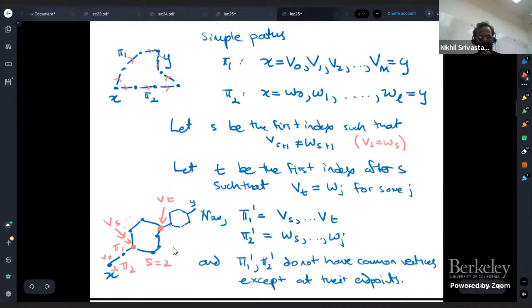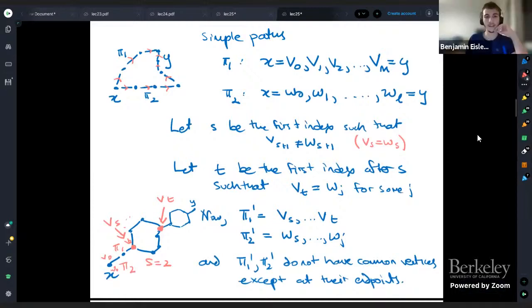So X and Y are distinct, but that's not quite the reason. Any other thoughts? Someone pointed out in the chat that we chose T after S. And that is helpful because we know that now these have to be separate points in pi1. Exactly. Pi1 is a simple path. So this after S means Vt is not equal to S.